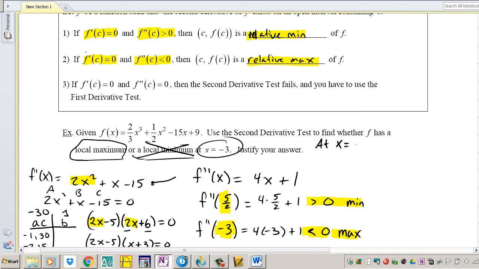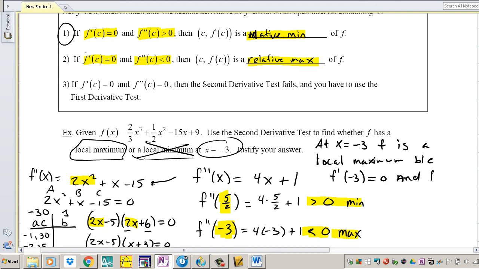At x is equal to negative 3, f has a local, relative, same thing, local maximum, because, and you're going to write exactly what it is up here, number 1, because f prime of negative 3 is equal to 0, and f double prime of negative 3 is negative, period, and you're done.